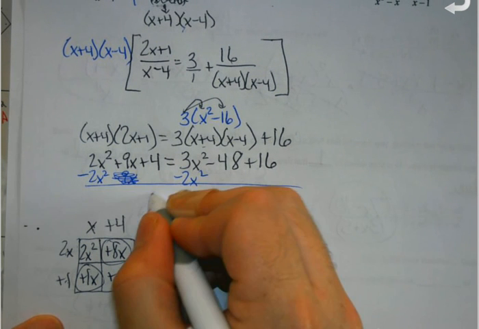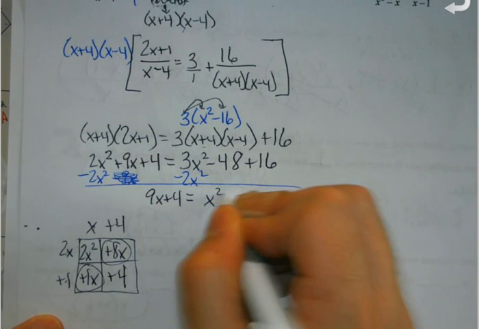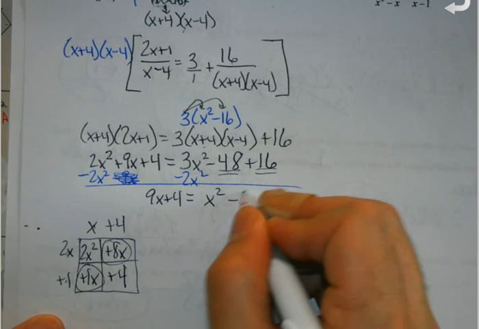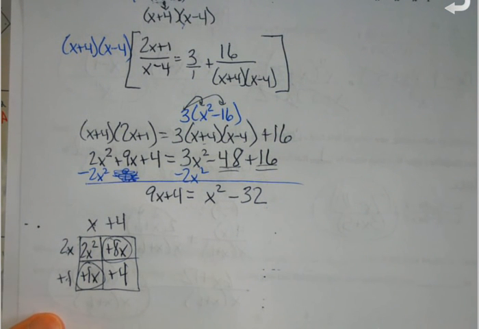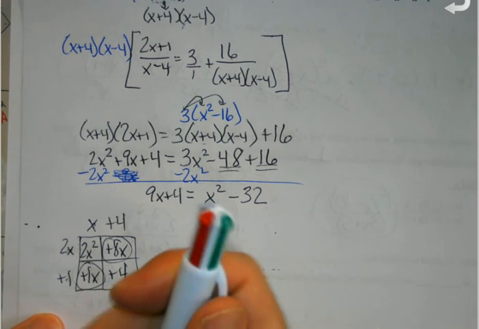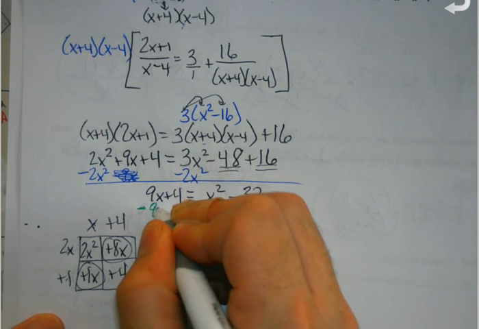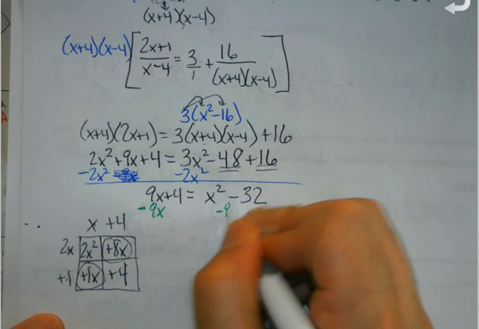I'm going to take a little extra space on this one, and I'm hoping you'll see why in a second, because I've got like terms over here. The 48 and the 16 are alike. They both don't have variables, so I can combine those. Now when I keep moving everything to the right, I run into a little different issue. I minus the 9x, but I don't have anywhere to put it. Well, I'm going to put it in the middle here for right now.